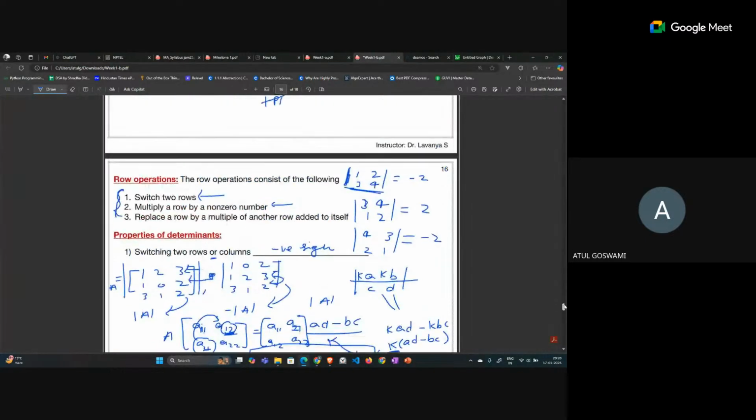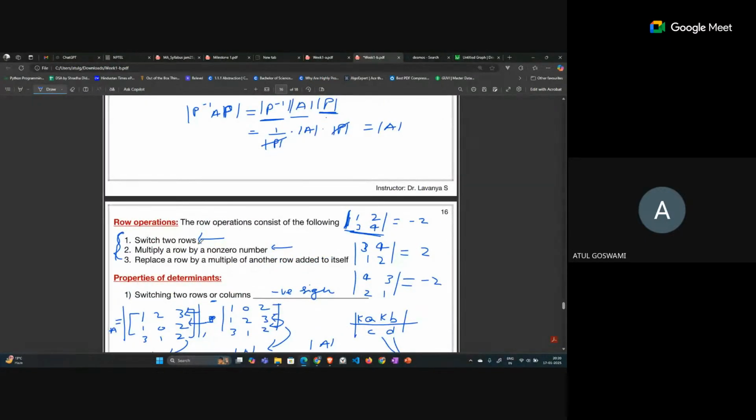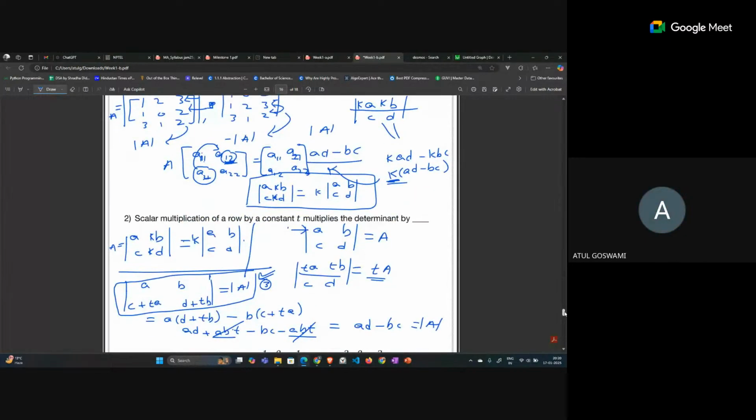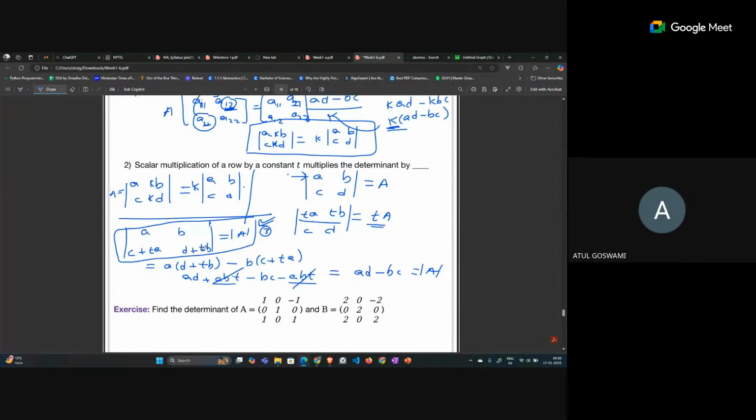All the three properties are clear. This one, switch rows, what happens? A little bit confusing, the third property, sir. Third property is confusing. I derived it, right? A, B, C, D, and the determinant of this is this.